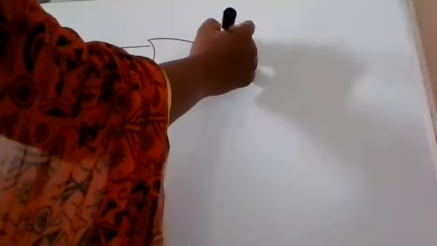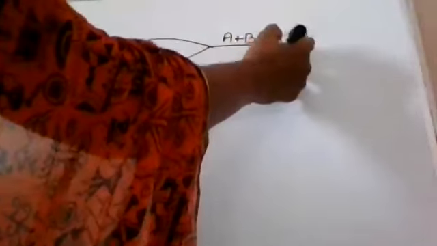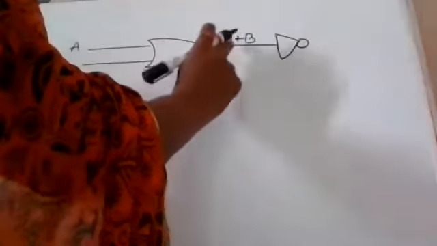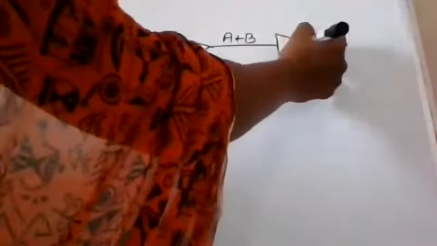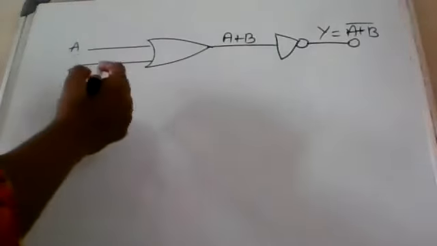If A comma B are inputs of OR gate, then what is the output? A plus B. This is the input of NOT gate. What is the output of NOT gate? A plus B complement.